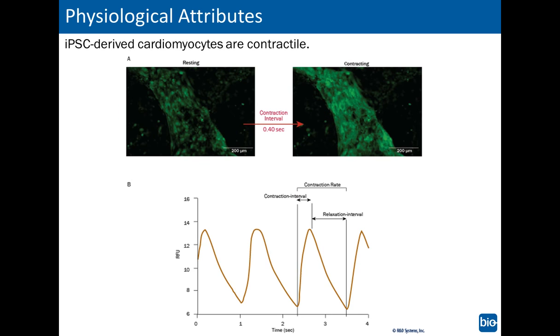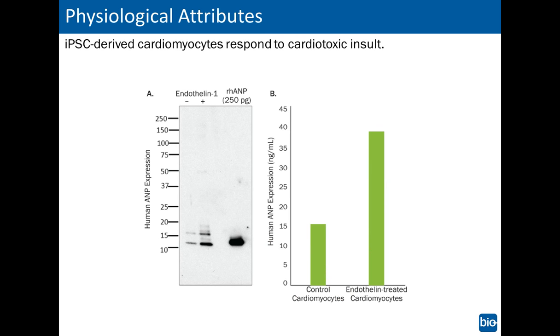But with this static image, I'm just trying to portray that we can assess cardiomyocyte beat rate in a number of different ways. In this example, using a calcium indicator dye to visualize contraction, and then using it to quantify and measure the contraction rate and the beat rate of these cardiomyocytes.